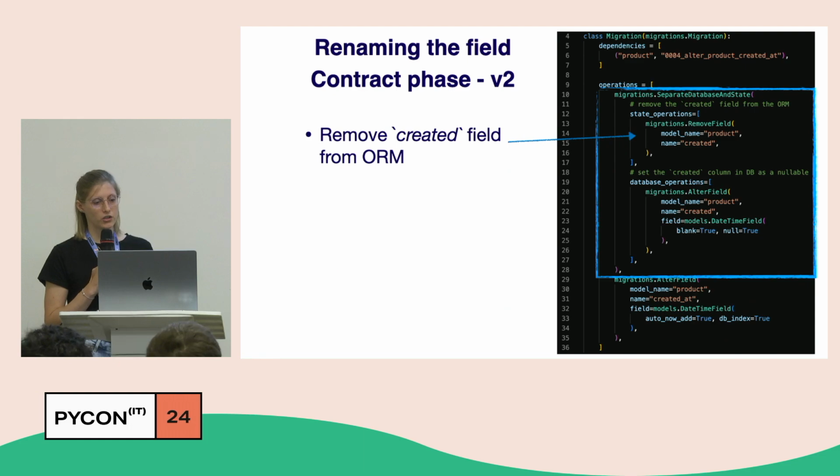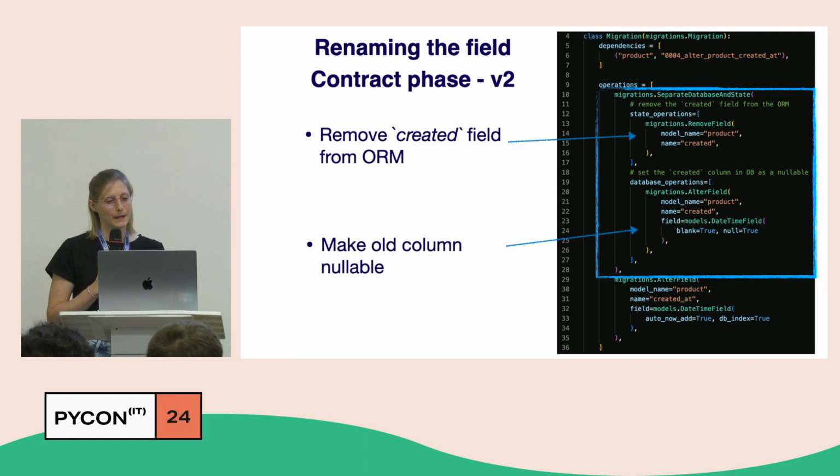So on the migration on the right, we are removing the old created field from ORM, but not from the code, not from the database, sorry. Instead, we are altering the old created column to make it nullable on the database.